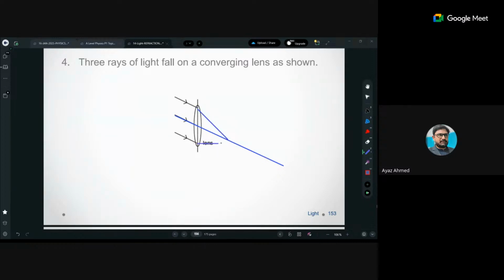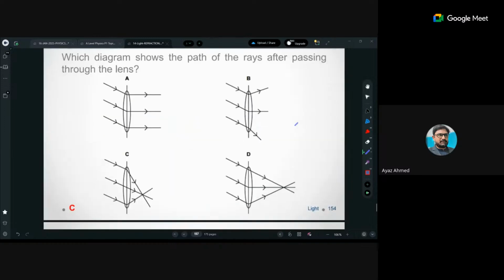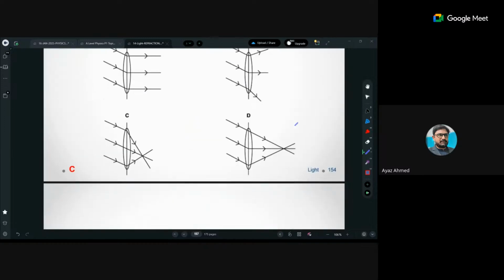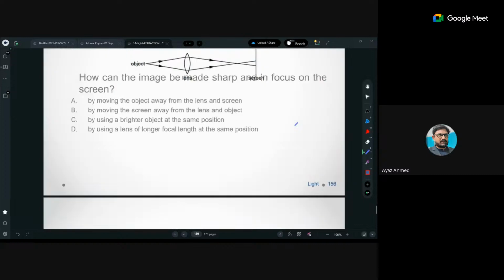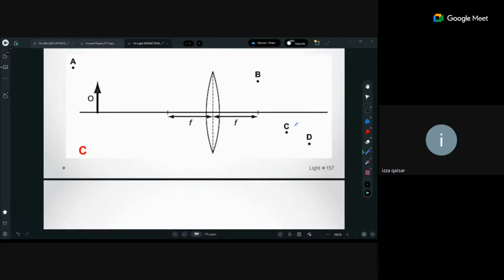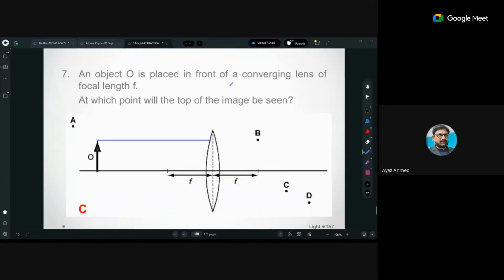This would be converged here, so this would basically be the image formation. I mean this one, C. Now your questions are just halwa, very easy. For example, the object is here, draw it and enjoy the question.